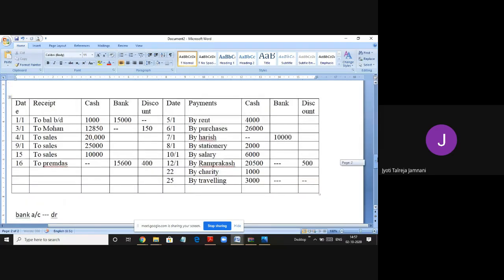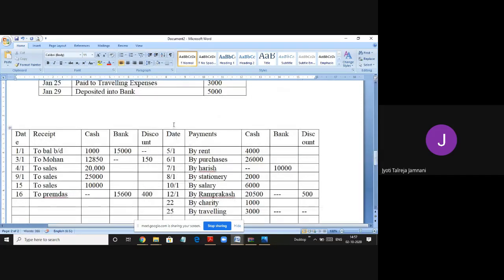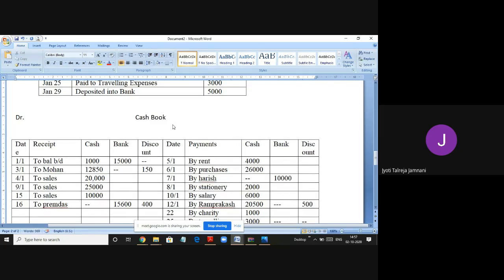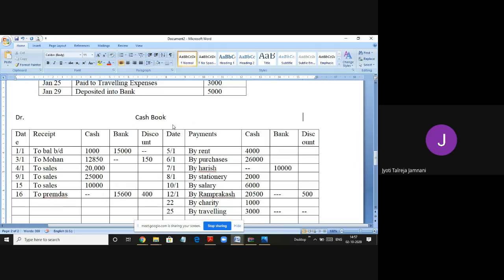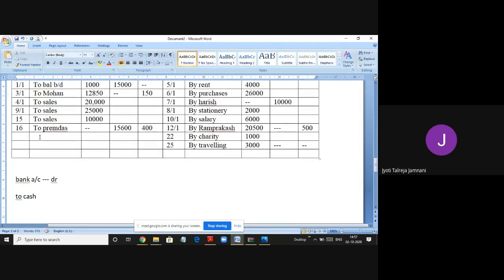So see here, this cash book has cash as well as bank account, because we have all the three columns, cash, bank and discount, right? So in the cash book, we will take it on the debit side. Bank account debit, to cash. See the journal, bank account debit to cash.